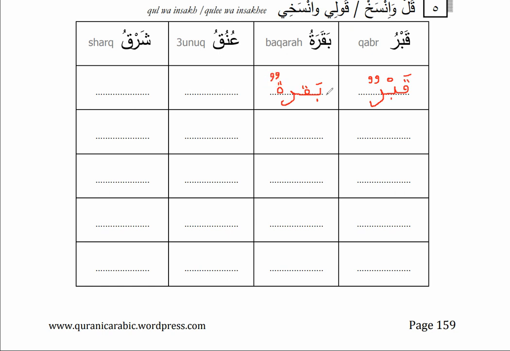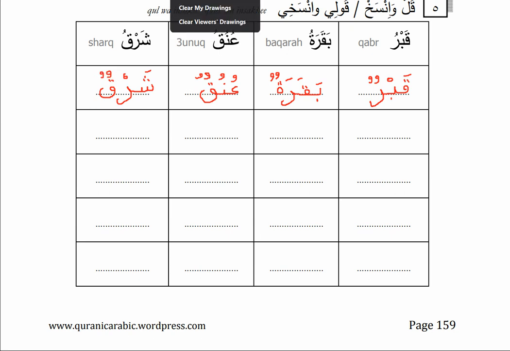This letter is in the last unit. Baqaratun, unuqun, ain, noon and qaf. Unuqun and sheen, ra, sharqun. This is how you're going to write the letter qaf.